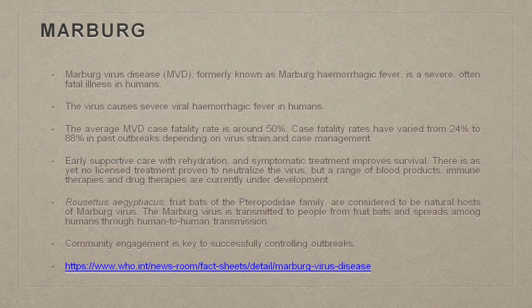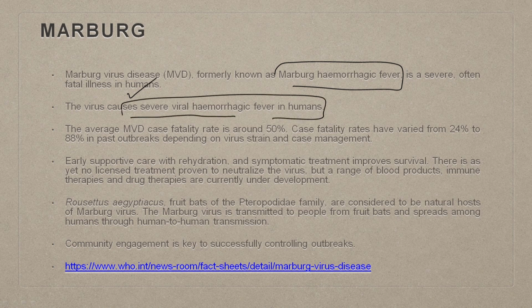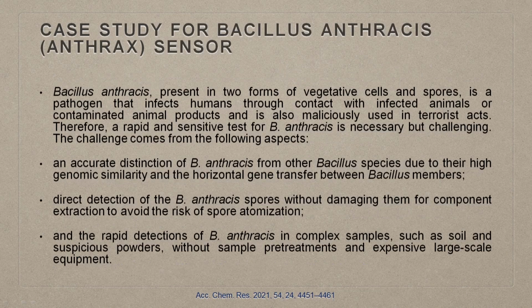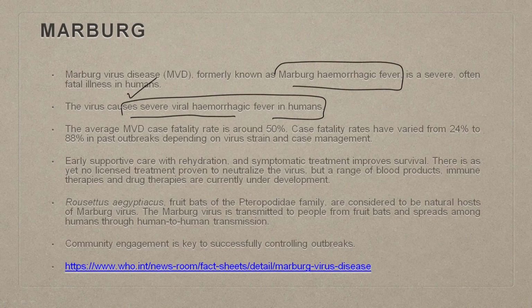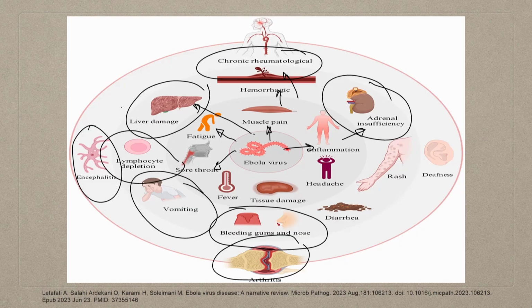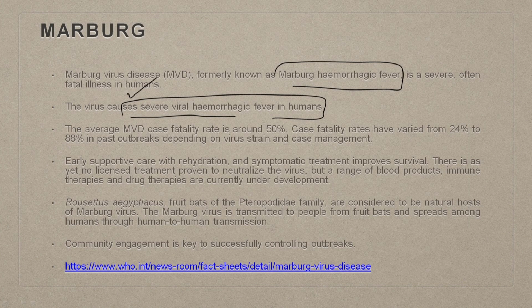If you look at Marburg, formerly known as Marburg hemorrhagic fever, it is a severe, often fatal illness in humans. The virus causes severe viral hemorrhage. As I mentioned, the major area which gets affected is the blood vessels. Most of the bleeding is the major cause of concern when a person gets affected with Marburg, same as Ebola.